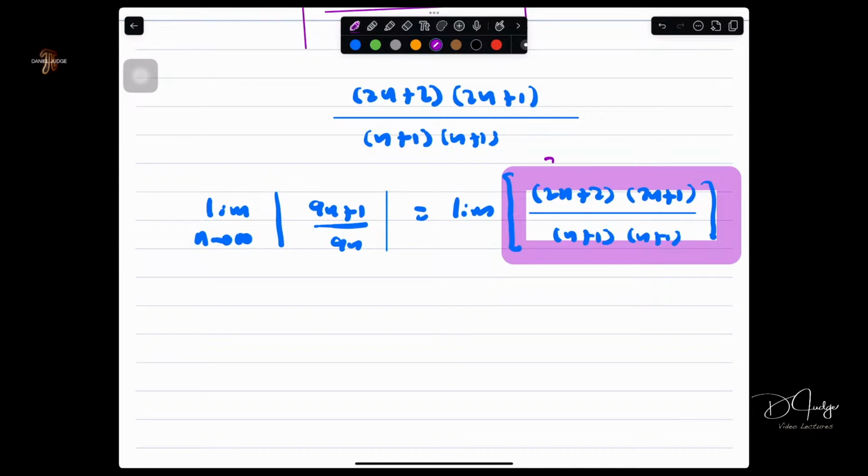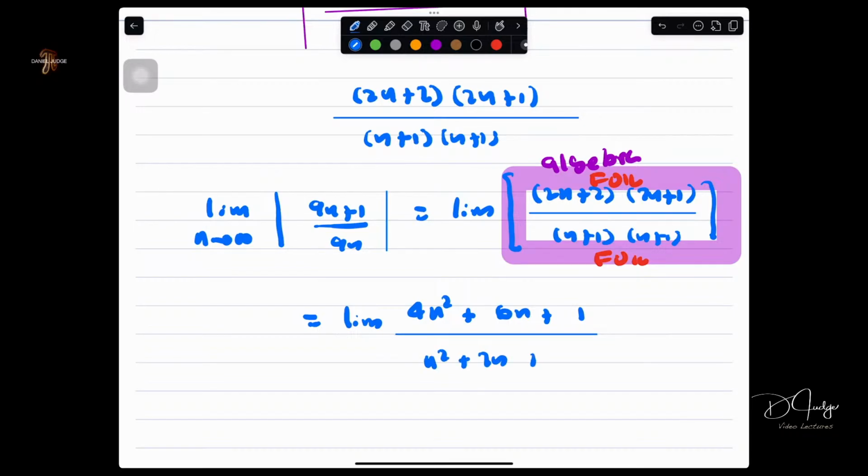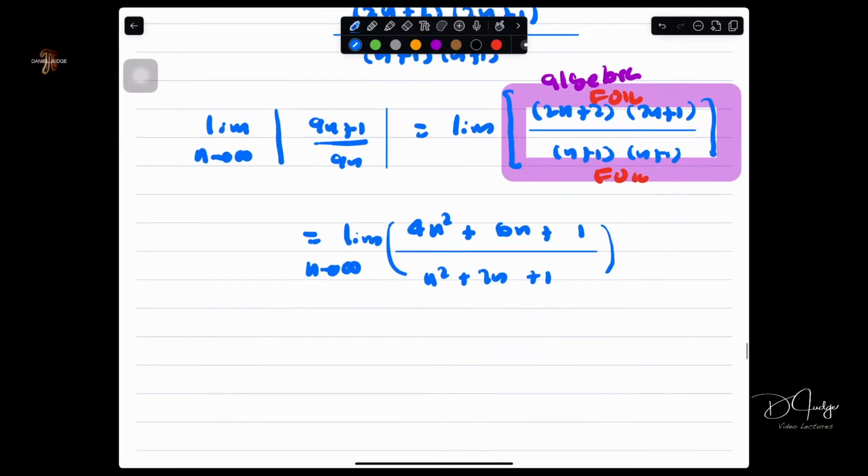This would be the limit now of, we're going to have to use FOIL on top and bottom: 4n squared plus 6n plus 1 over n squared plus 2n plus 1, a Calculus 1 limit question. And this limit's going to equal 4.